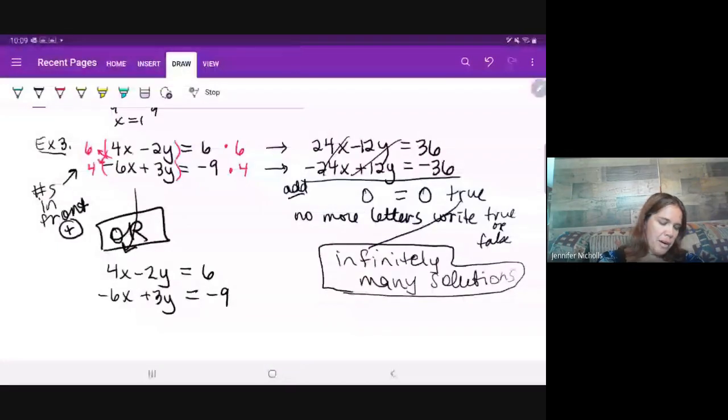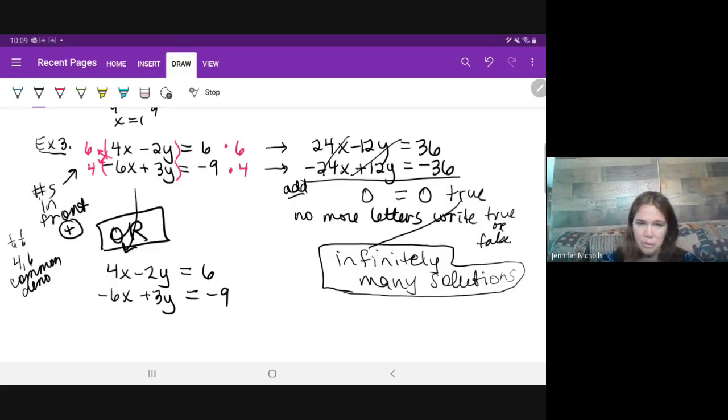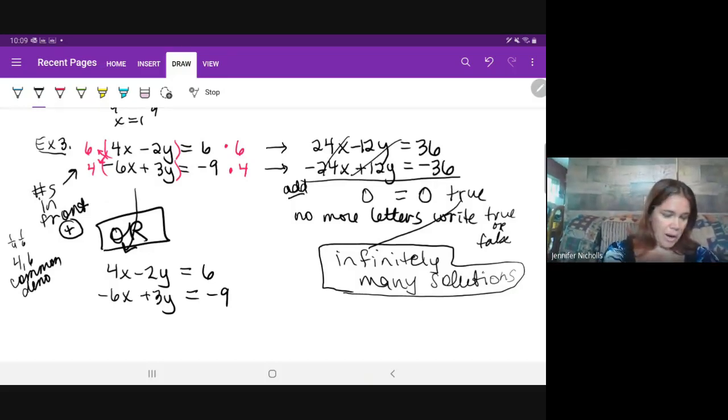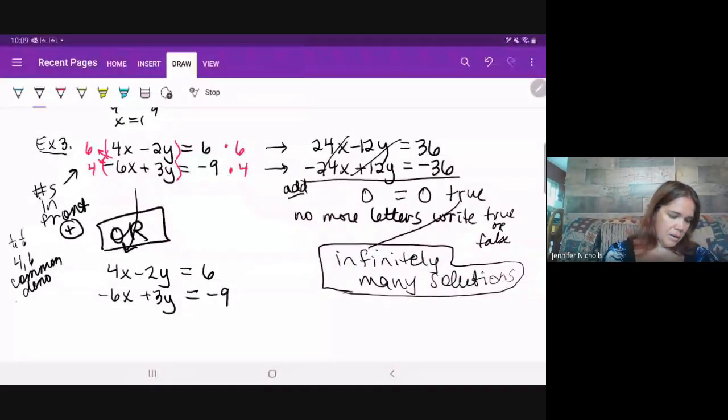If you look at 4 and 6, what would be your common denominator if they were fractions? You know, like 1/4 and 1/6. What would you use? That's a common factor. So you guys are on the right track, but I want a common denominator.